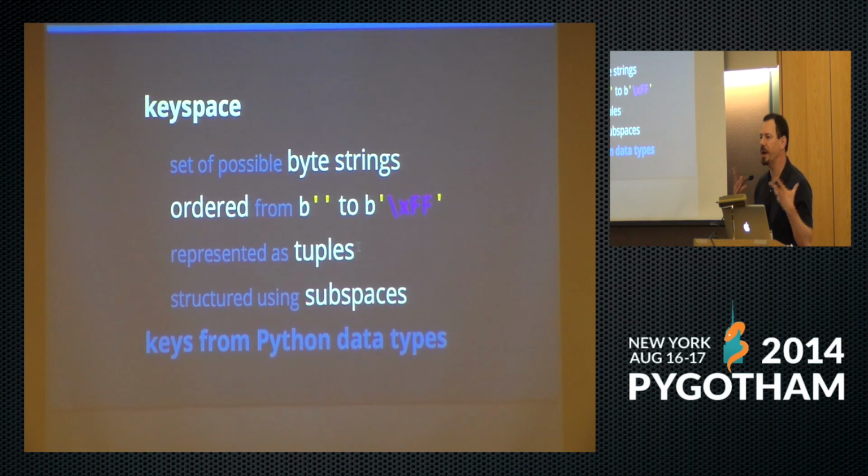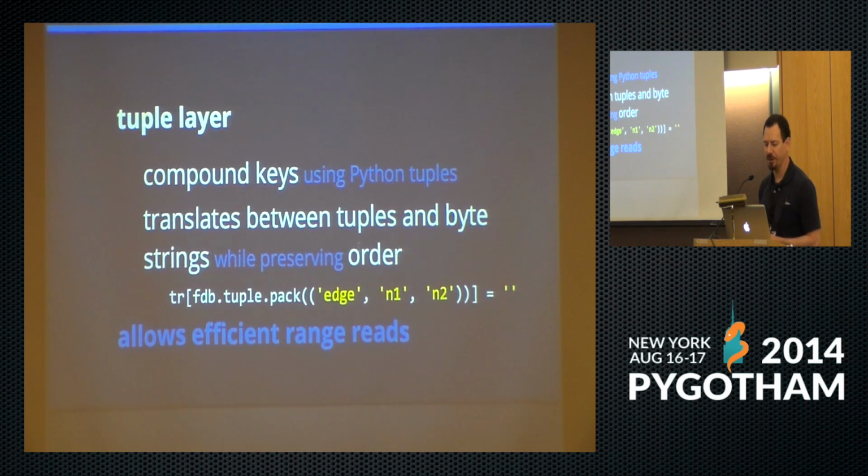So the binding exposes a lot of richer ways to work. There's what we call the tuple layer that allows us to represent data in tuples. And there's a notion of subspaces that allows us to hierarchically structure keyspace. And it allows you to take various Python data types, write them to the database, and get them back in a kind of straightforward way.